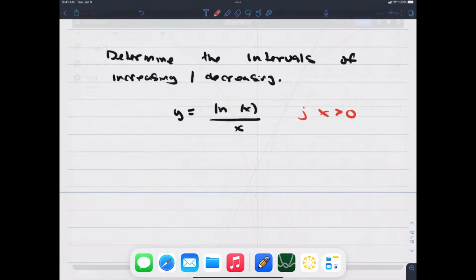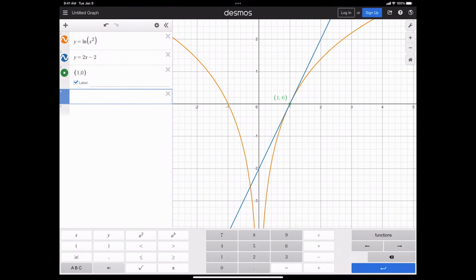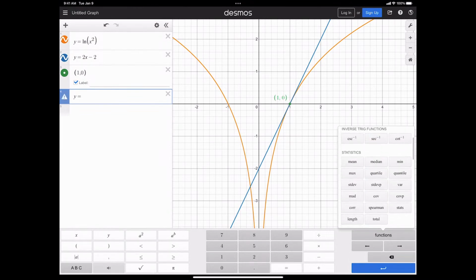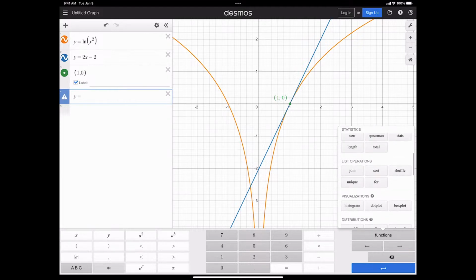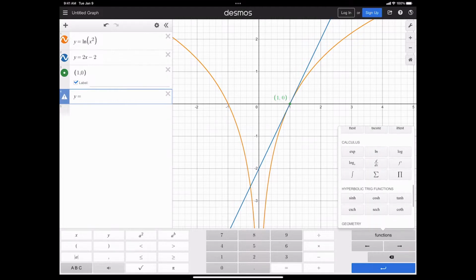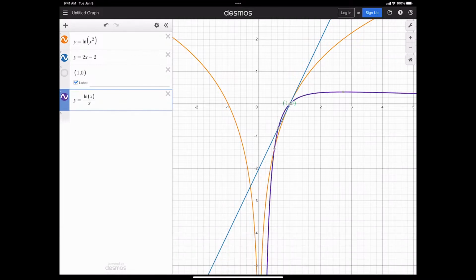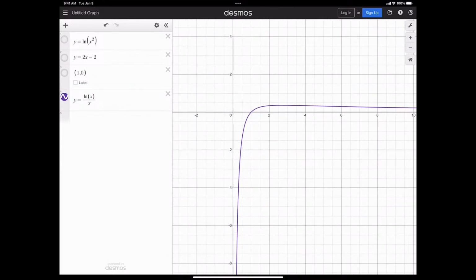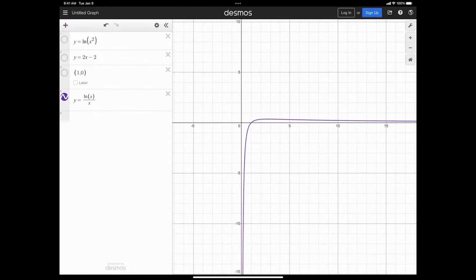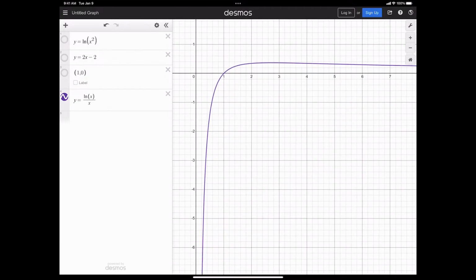And I'm going to go again to Desmos. Natural log of x, okay, divided by x. Okay, so I want to get rid of all this other stuff. And take a look at what's happening with this curve, by the way. You guys know what I'm saying?